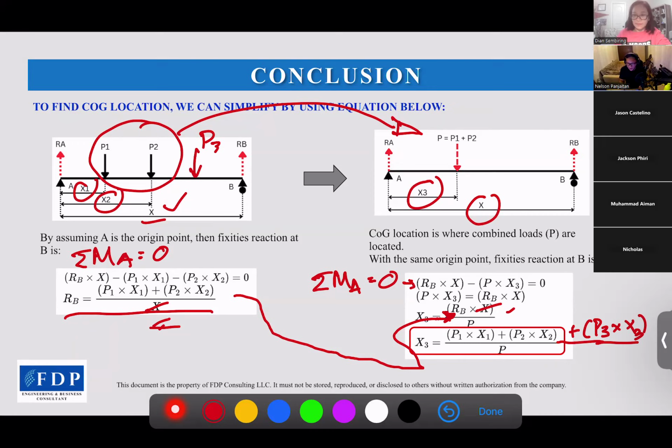The one thing we need to understand here is that we need to clarify where the origin point is, and stick to that origin point to calculate the distances. Is there any question for the COG calculation?